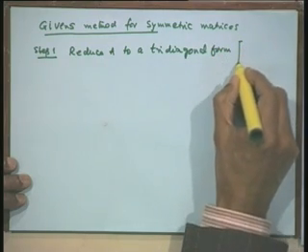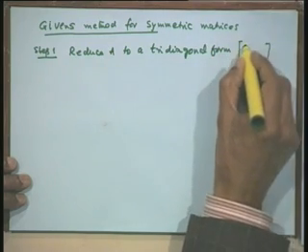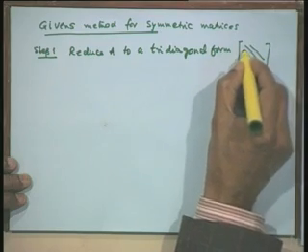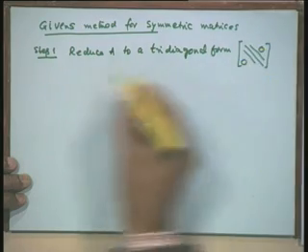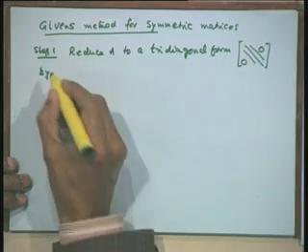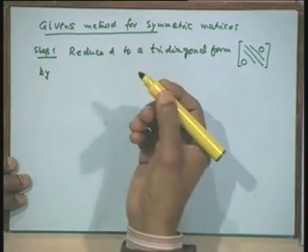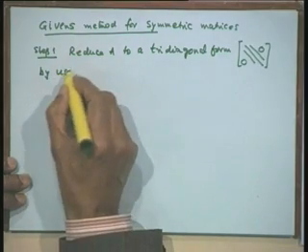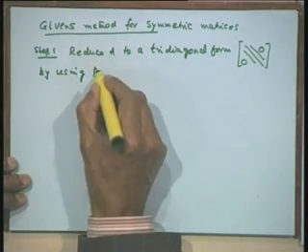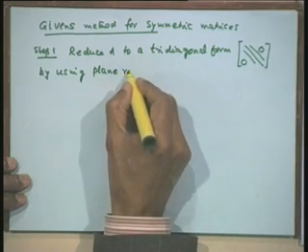So, we will now reduce the given matrix to the tridiagonal form by using the plane rotations. The transformations we are using are the same as in the Jacobi method, by using plane rotations.